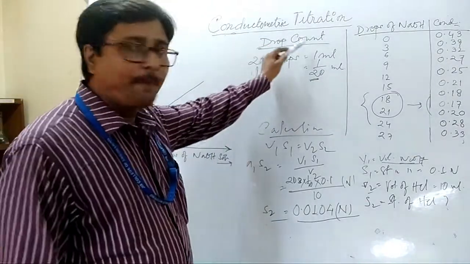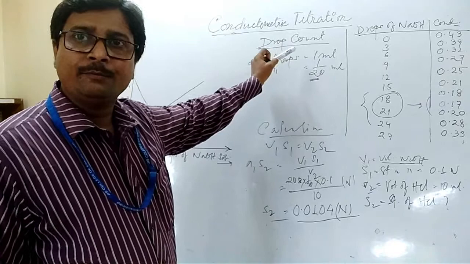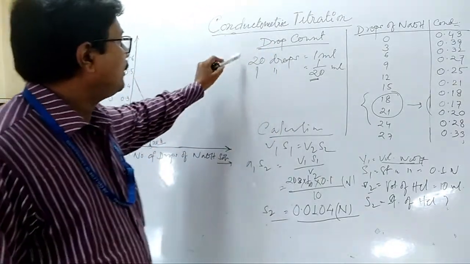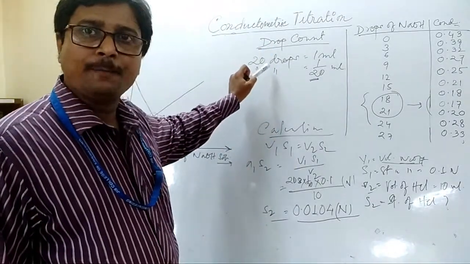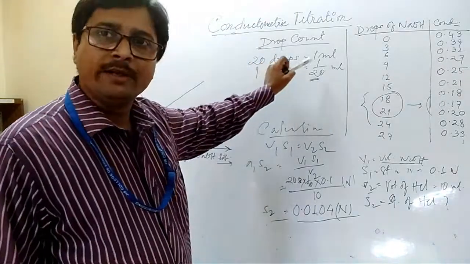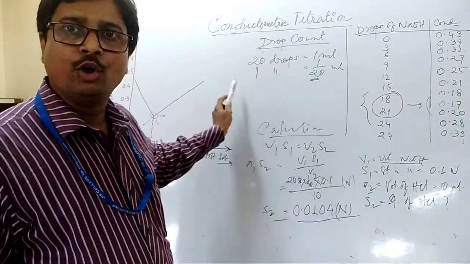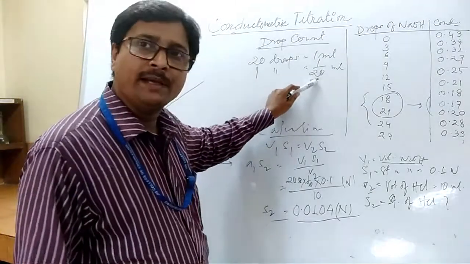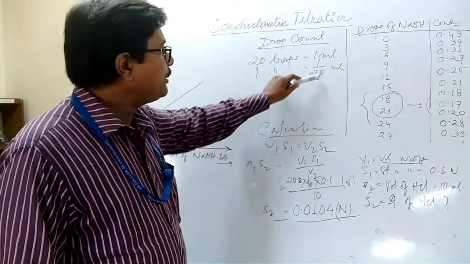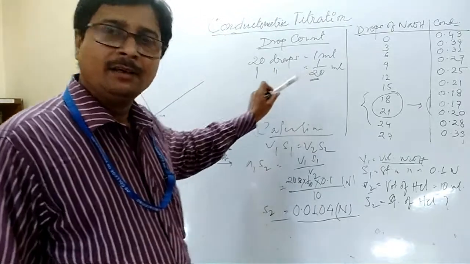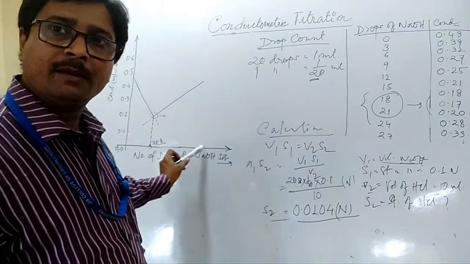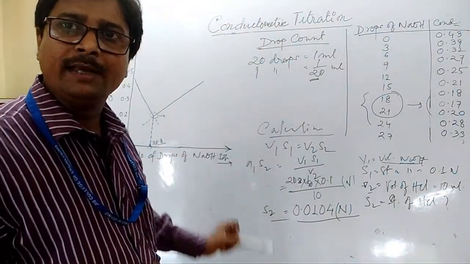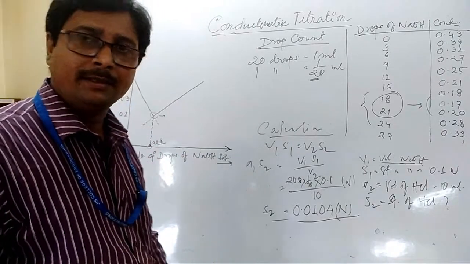Now remember, the drop count method before starting. We already determined that 20 drops come in 1 ml from a particular burette. So the volume of 1 drop is 1 by 20 ml. If we multiply 1 by 20 with the 20.8 from the graph, we get V1, isn't it?